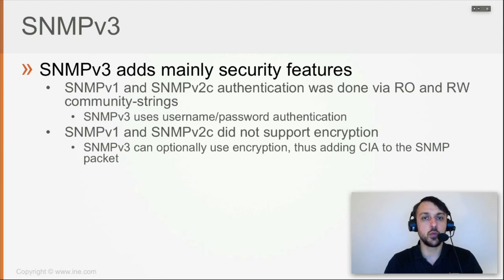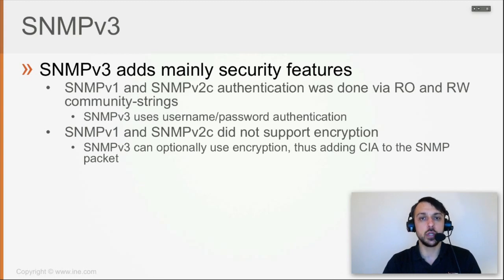But either way, for those messages to be authenticated back and forth between the agent and the manager, both V1 and V2C made use of what are called community strings. You can see that as a shared password between the server and the agent.